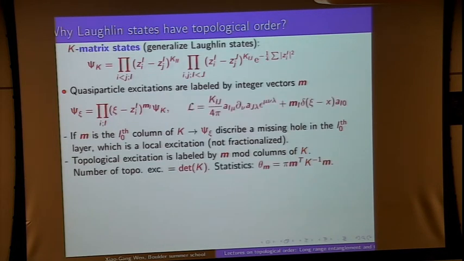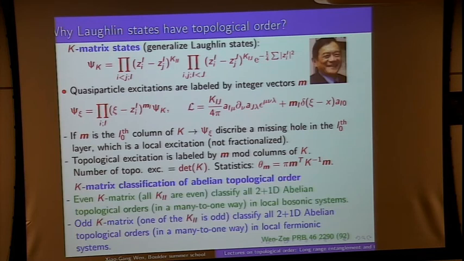And so maybe let me just skip this because it's been explained by Xie, and maybe Nick Reed described it. Actually, these Laughlin states have a topological order, and there's a generalization of that to the multi-layered case, called the K-matrix states. Z_I is the electron in different layers.